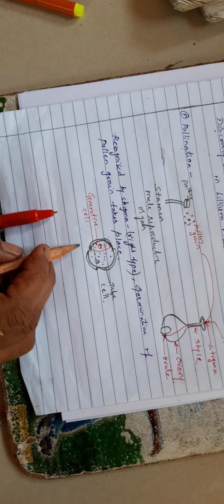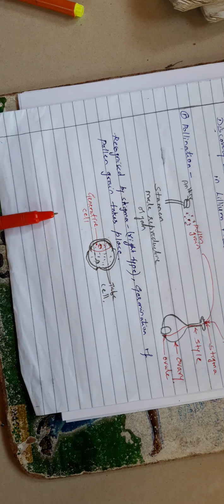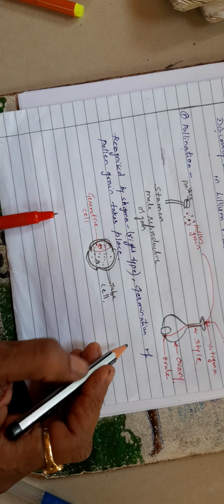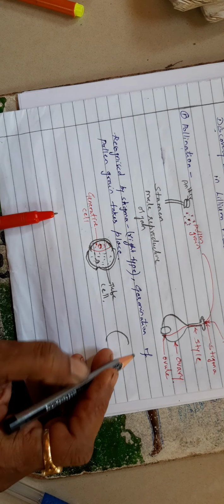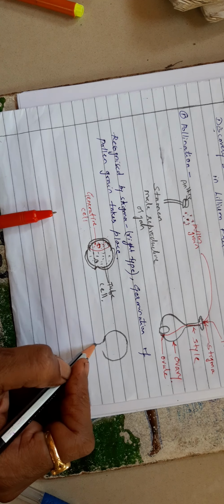Now during the formation of the tube, what happens? This generative cell forms two male gametes. This tube is formed.